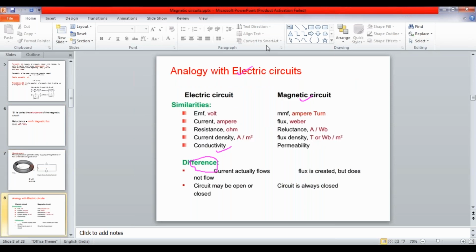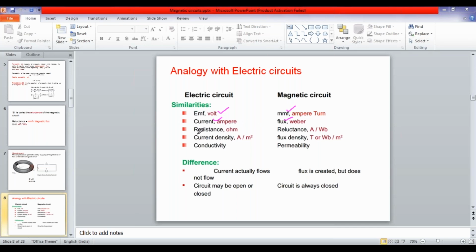Now, we have seen how an electric field and a magnetic field are compared. In the electric circuit we have EMF, whereas here it is MMF. The unit of EMF is volt, and the unit of MMF is ampere turn. Similarly, the electric circuit has current measured in amperes, but here it is magnetic flux measured in Webers.